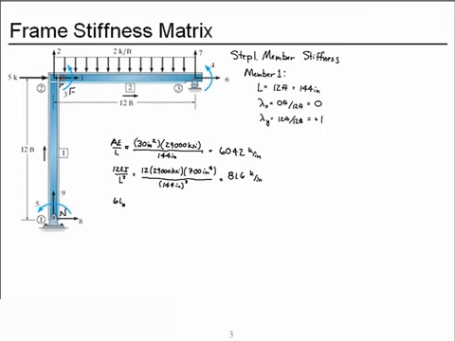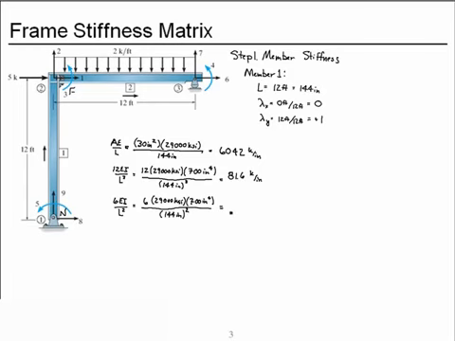Now 6 EI over L squared. We have the modulus of elasticity of steel, moment of inertia for the members, and our length, 144 inches squared.